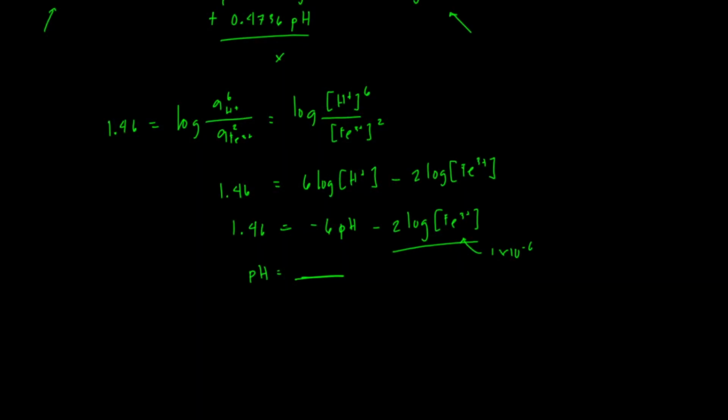So let me just delete that ito. Clean tayo. Tapos, let me write that down again, no? So that's EH is equal to 0.2209 minus 0.0296 multiplied by the logarithm of 1 over yung H plus concentration.